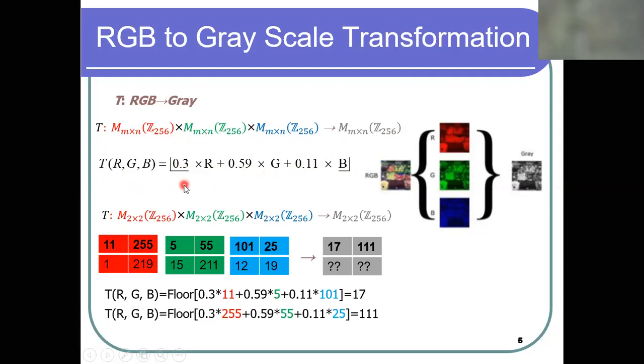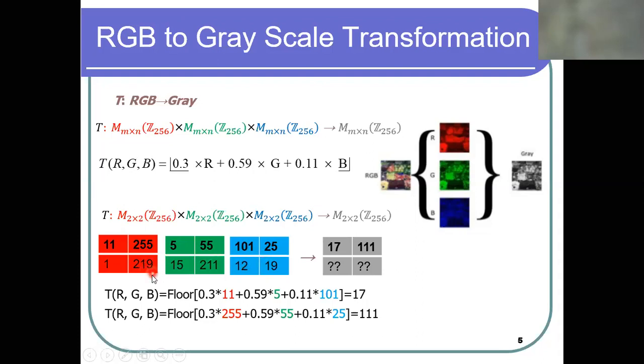So one thing you must remember, this is also an application of the floor function. So I must cut down the general matrix to 2 by 2. Say I have a matrix whose red layer is a 2 by 2 matrix, whose elements are from 0 to 255, another green, and another blue.